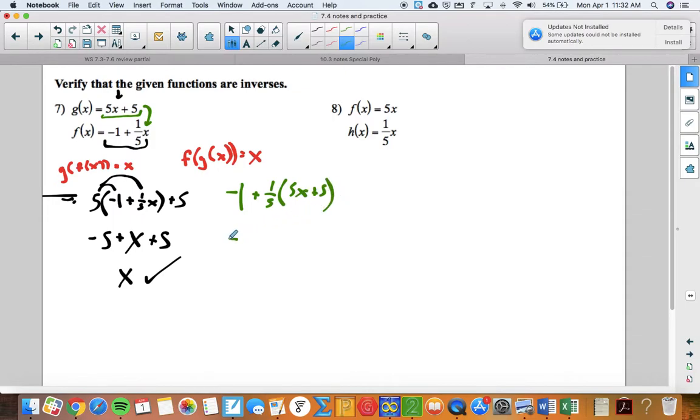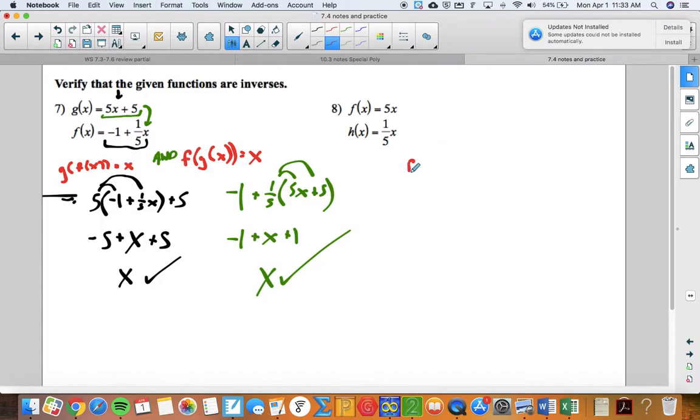So I get negative 1, and I'm going to distribute: 1/5 of 5x is x, and 1/5 of 5 is 1. So now negative 1 plus 1 is 0, so I'm just left with x. So both composite functions, when we put them together, mapped themselves back to x. Because g of f of x equals x, and f of g of x maps to x, they are truly inverse functions. Let's try it one more time.